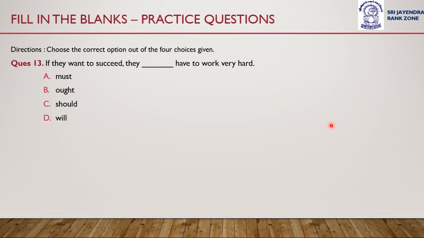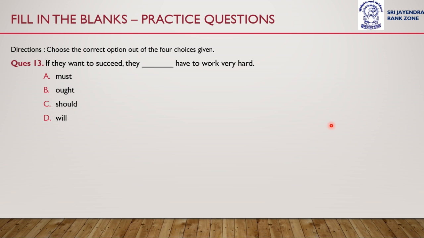Question number 13. They dash have to work very hard. Options are A, must, option B, ought, option C, should, and option D, will.